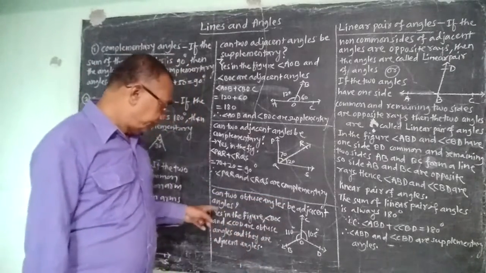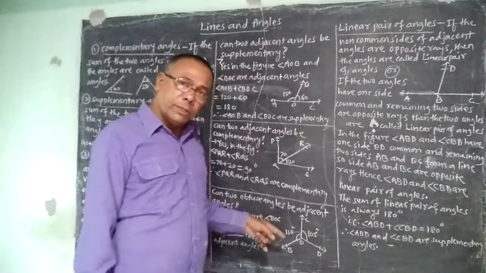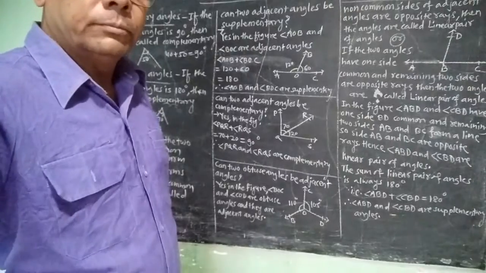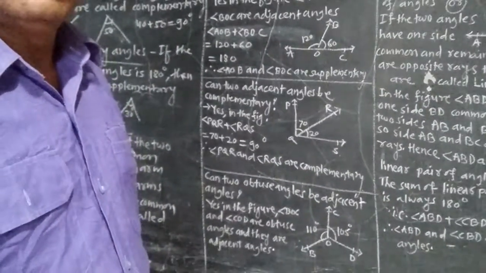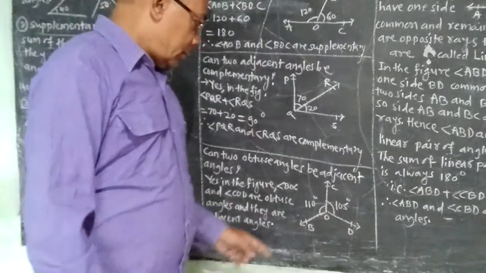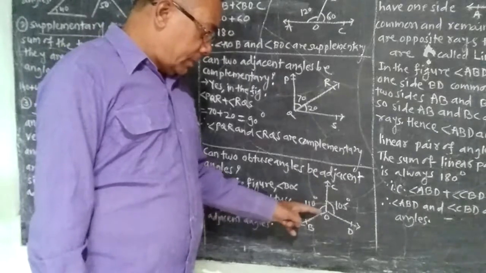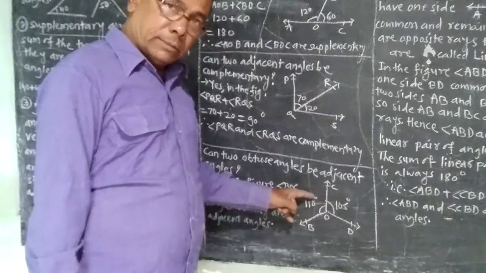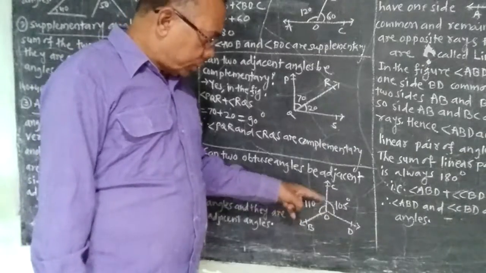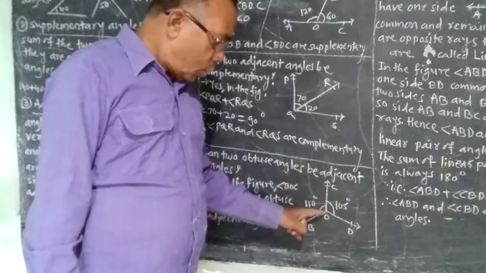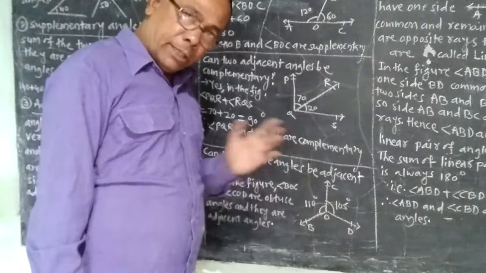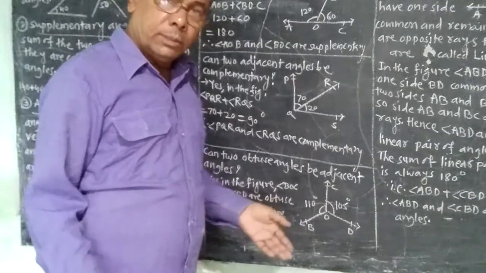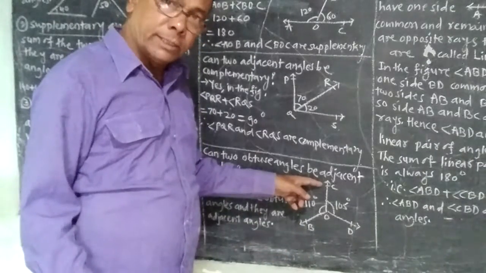If we observe the figure, it is seen that BOC and DOC are two angles having OC as a common side, O as a common vertex, and the non-common sides OB and OD are on either side of the common side.